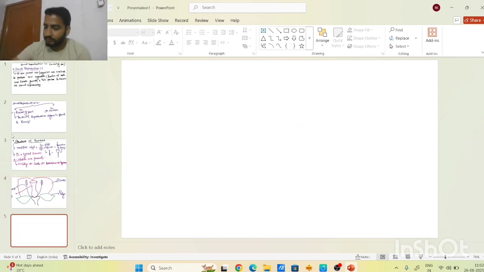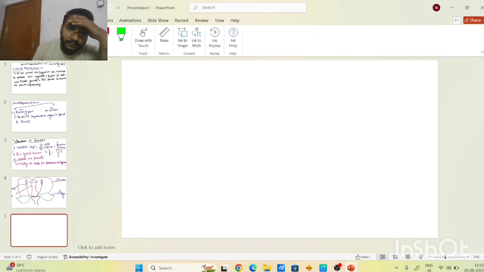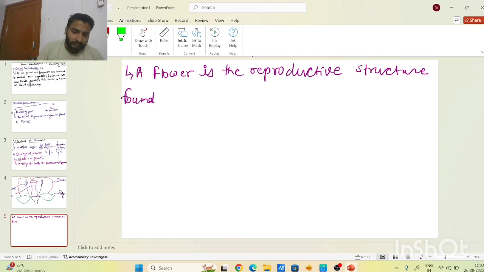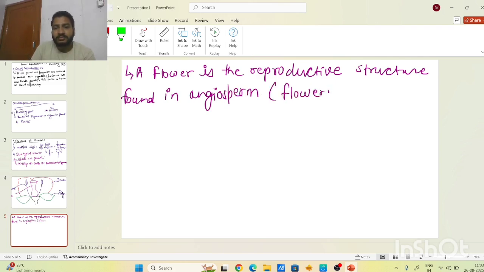Okay, so write the points one by one. A flower is the reproductive structure found in angiosperms, which are known as flowering plants.